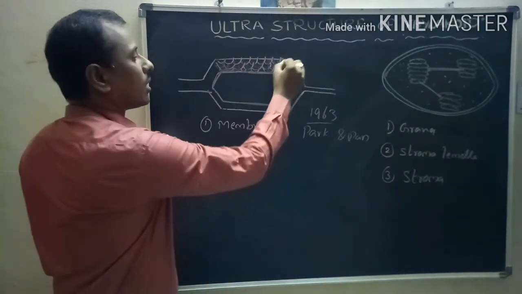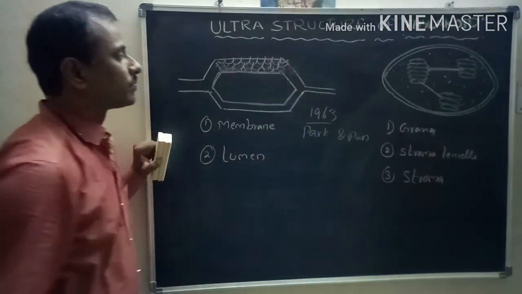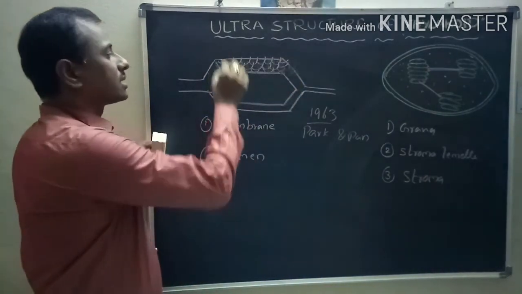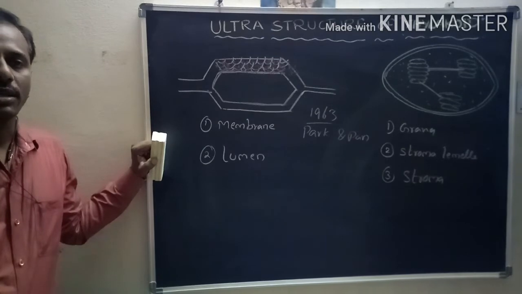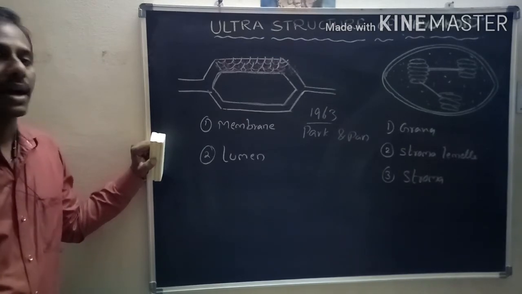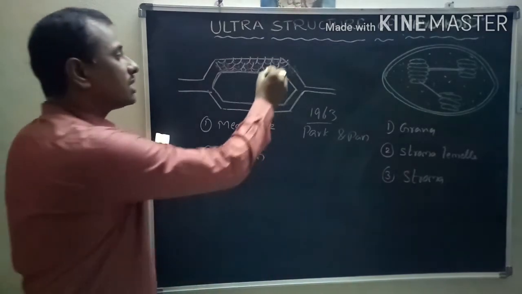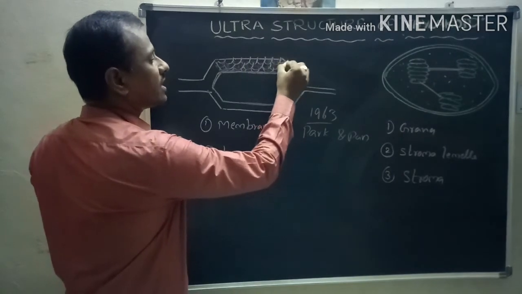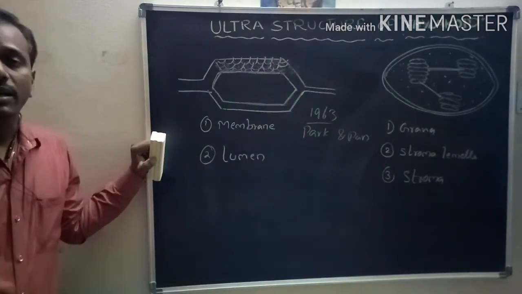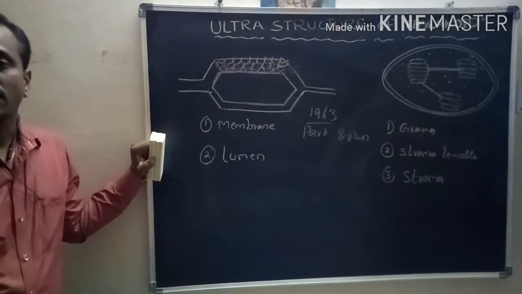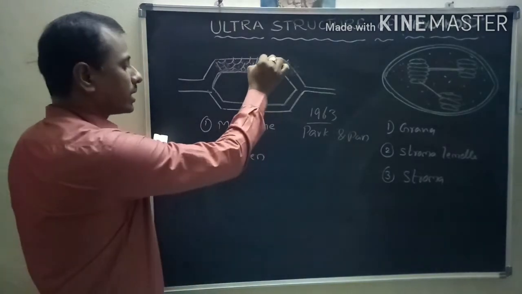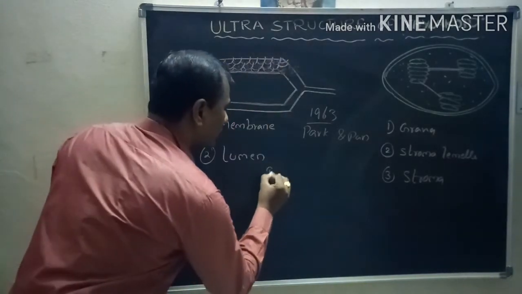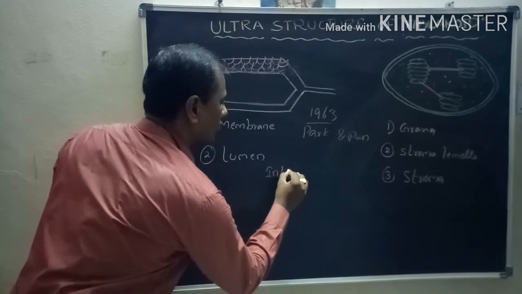The granules contain proteins, enzymes and pigments. They gave these structures the name integrated globular subunits.